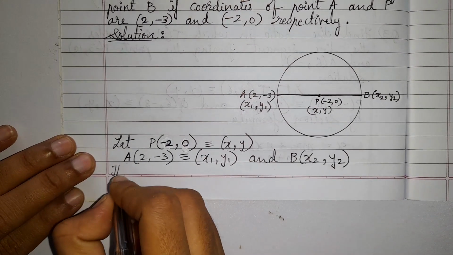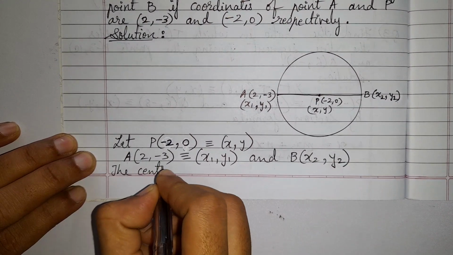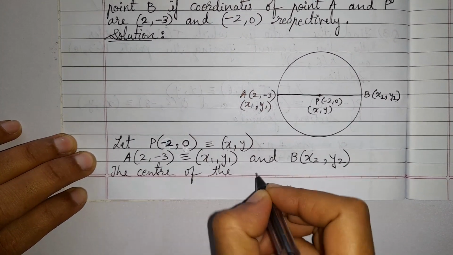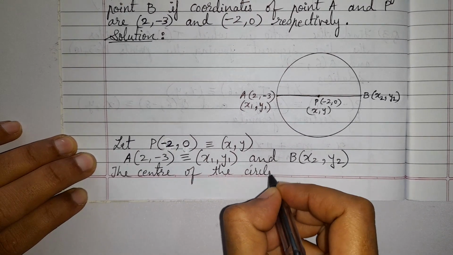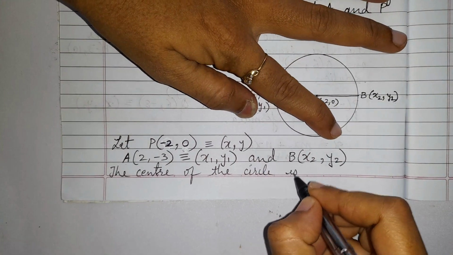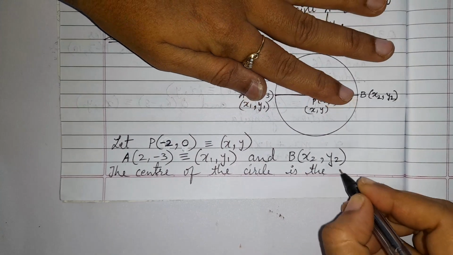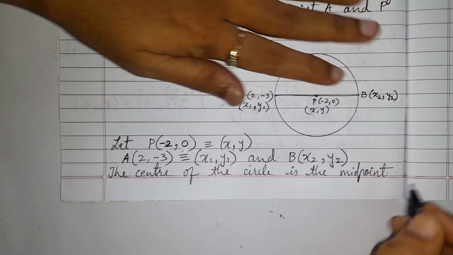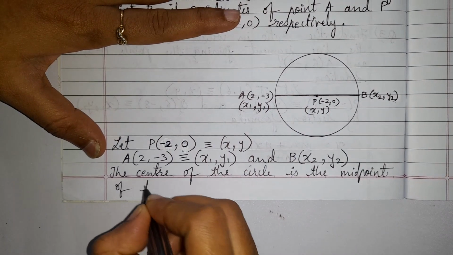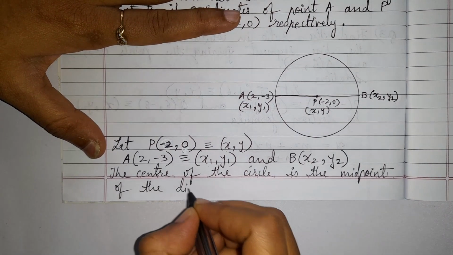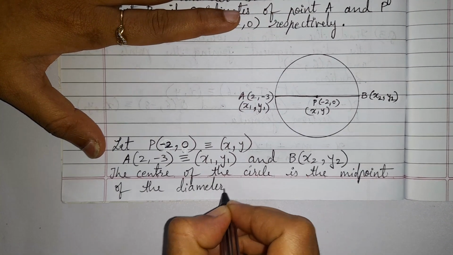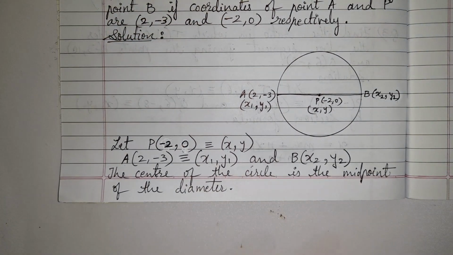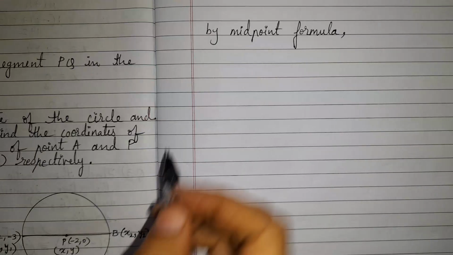The center of the circle is the midpoint of the diameter, so we'll be using the midpoint formula.